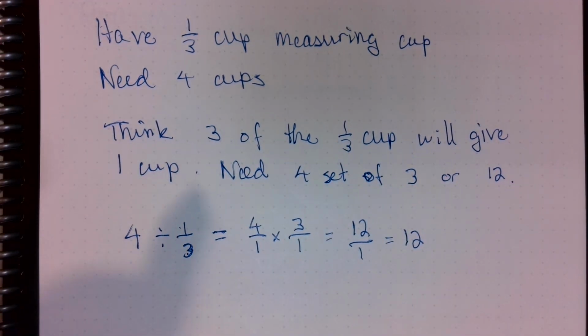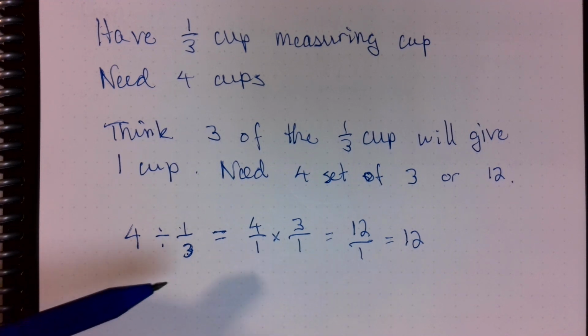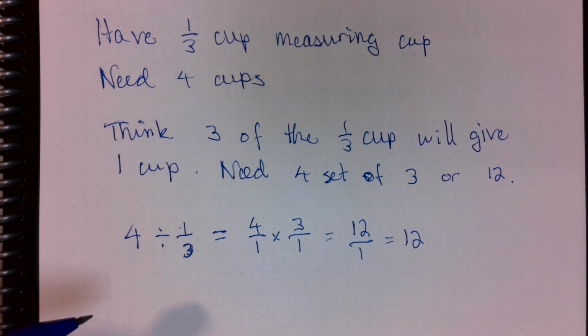So fractions give us a much faster way of doing this. Remember, dividing by fractions is built on our knowledge of multiplying by fractions. And of course, multiplying fractions is built on our knowledge of multiplying whole numbers. Everything builds on what we've done before.